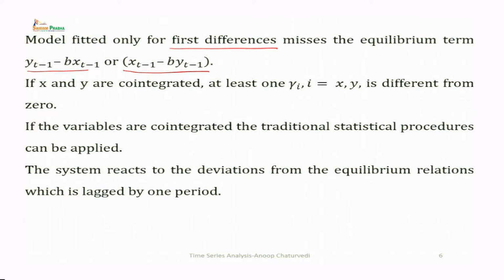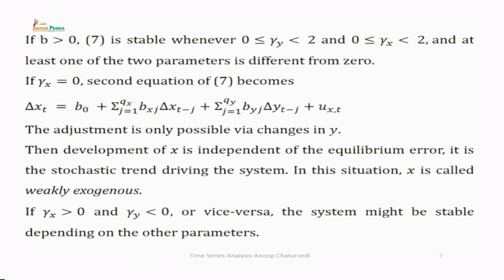And then the deviations are lagged by one period. If b is greater than 0, then equation 7 is stable whenever 0 less than or equal to gamma y less than 2, and 0 less than or equal to gamma x less than 2, and at least one of the two parameters is different from 0.